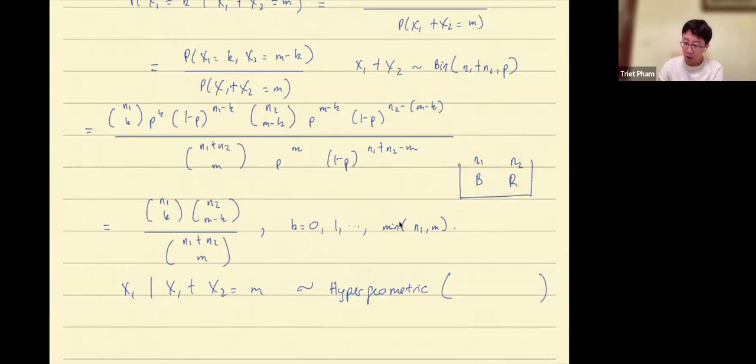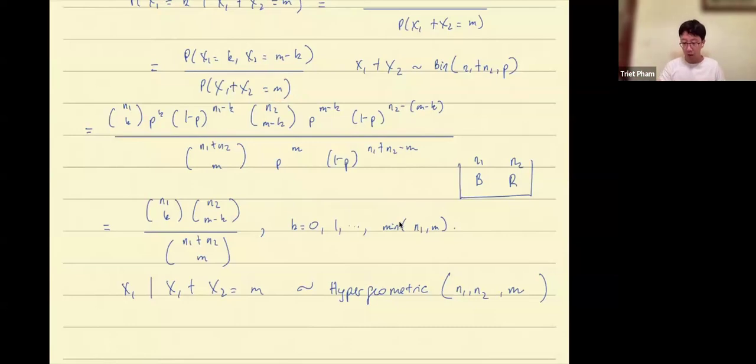What else? For the hypergeometric, we need to decide what the sample size is. How many balls are we withdrawing without replacement from this urn? And that's what M is here. M is the sample size that we're withdrawing from the urn.